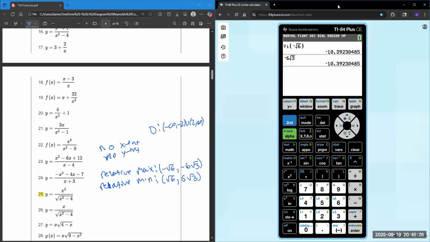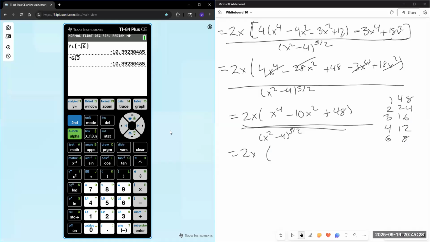Let's put this over here for a second. Y equals x to the 4th minus 10x squared plus 48. Let's graph that. Zoom 0 so you can see the graph.